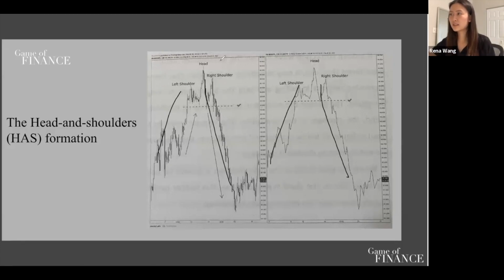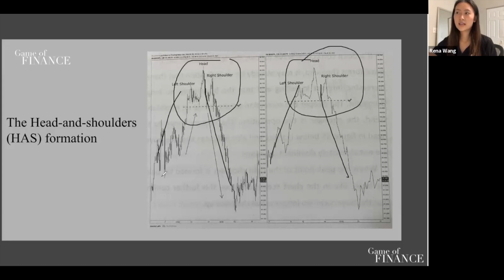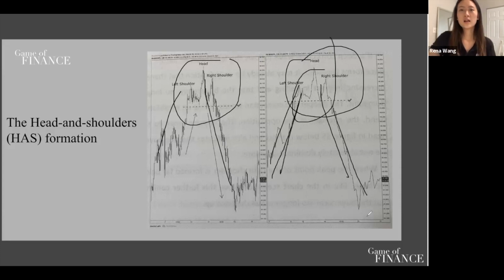As you can see, this is a head and shoulders, and it's occurring during an already established uptrend, and this indicates a trend reversal. Here it's labeled the left shoulder, head, and right shoulder.